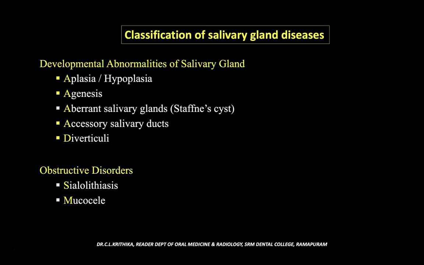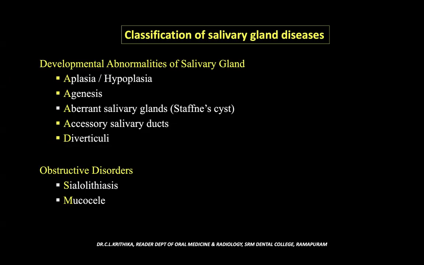This is a short summary on the classification of salivary gland disorders and the differential diagnosis of swellings in the parotid and the submandibular region. First is the classification of salivary gland diseases.